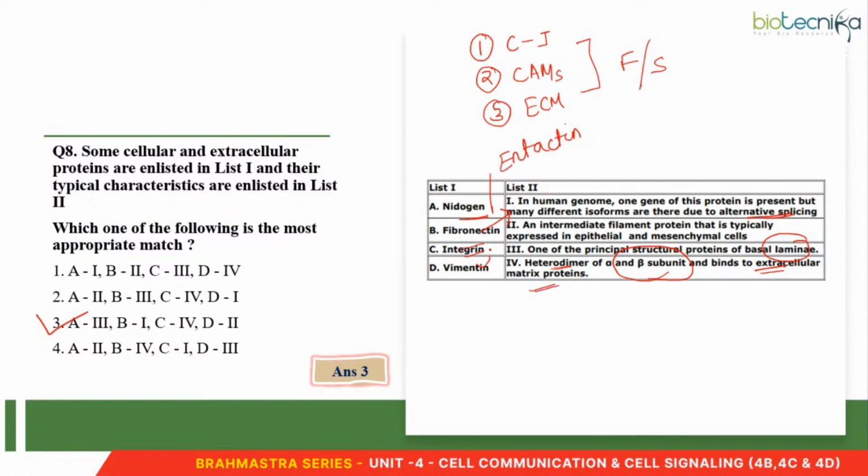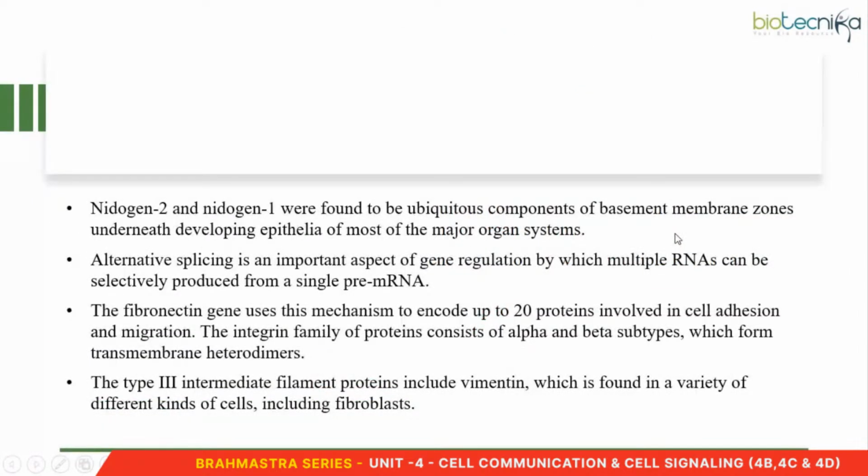Vimentin, this you might have studied under the cytoskeletal system. There is one table of types of intermediate filament. It comes under type 3 intermediate filament. It is typically expressed in epithelial and mesenchymal cells. You need a revision of this. See, nidogen 1 and 2 are both ubiquitous components present in the basement membrane zone underneath the developing epithelia of most organ systems.